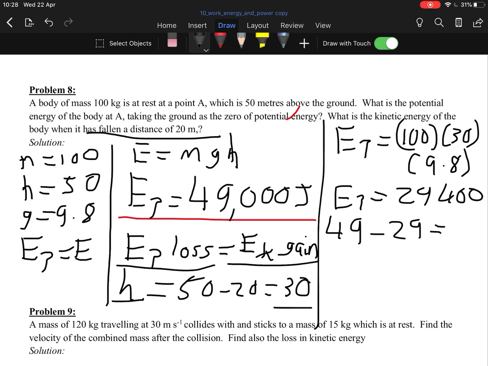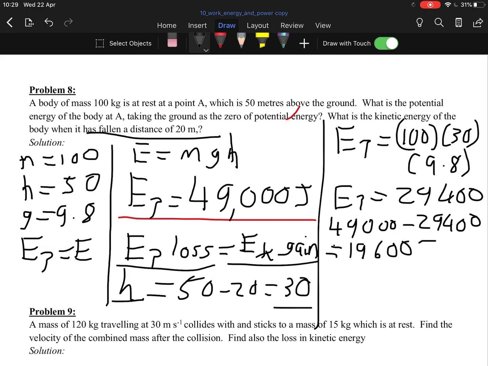So it's 49 minus 29 equals, not 29. I thought it was 29,000. It's 29,400. So I'm going to have to write it all out. 49,000 minus 29,400 gives me 19,600 joules.